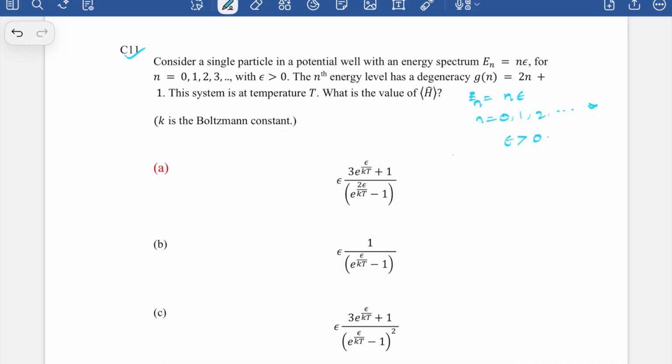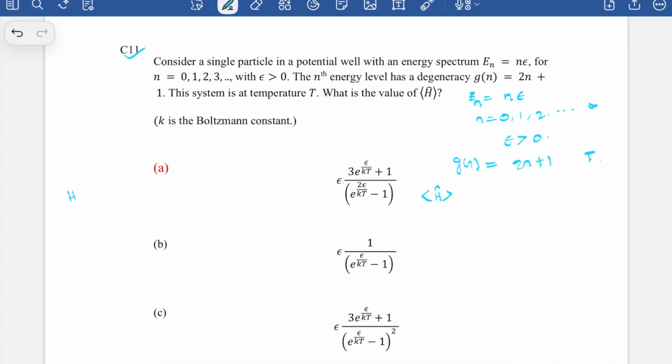The nth energy level has degeneracy Gn equal to 2n plus 1. The system is at temperature T. What is the average value of the Hamiltonian?